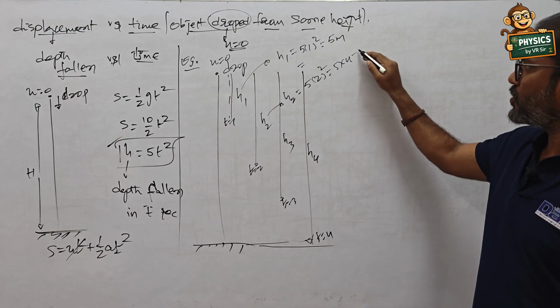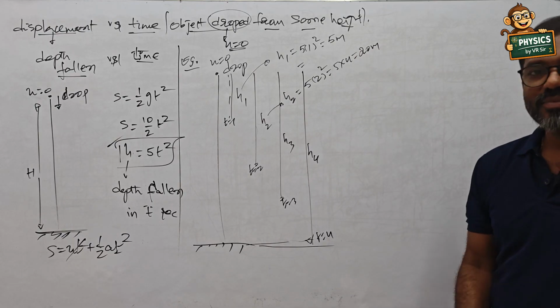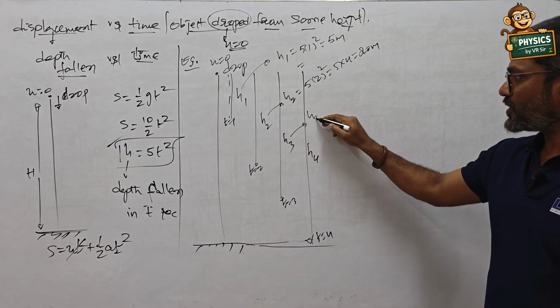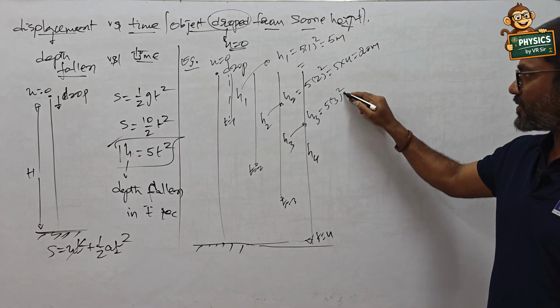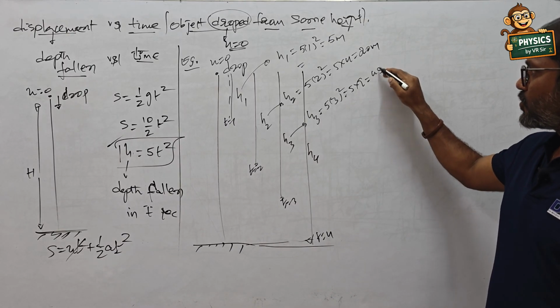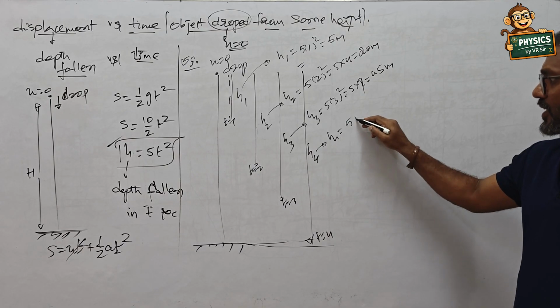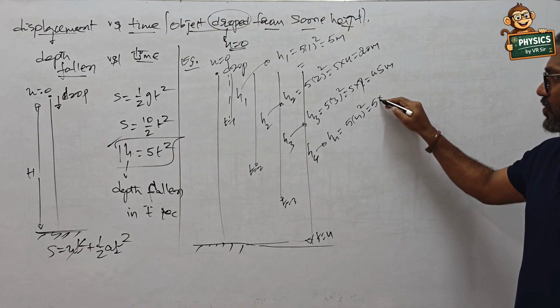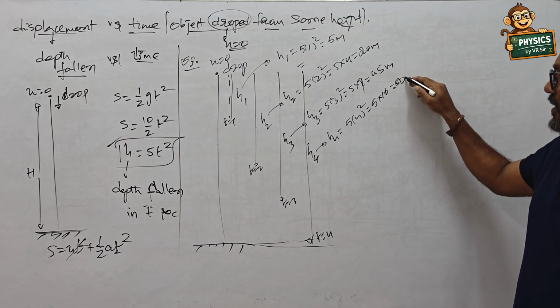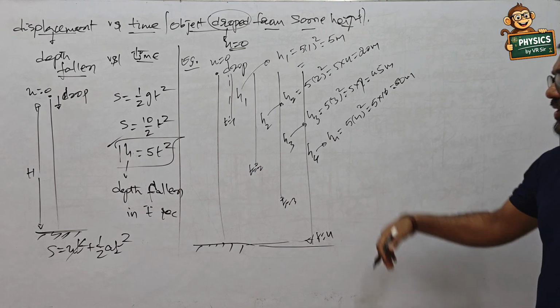So 5 into 4, it's 20 meters. In 3 seconds, it's 5 into 3 square, so 5 into 9, 45 meters. In 4 seconds, h4 is equivalent to 5 into 4 square, so 5 into 16 is nothing but 80 meters, and so on.